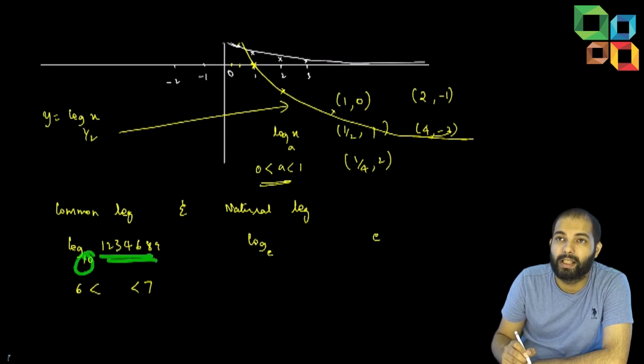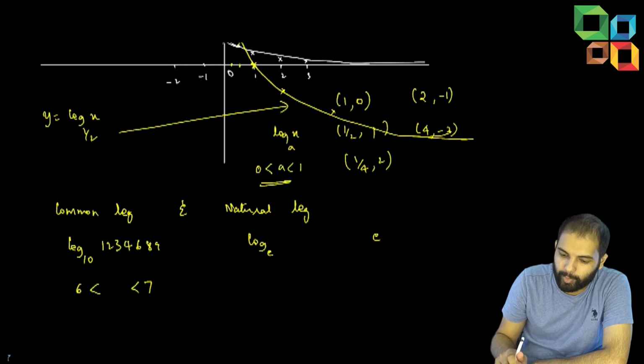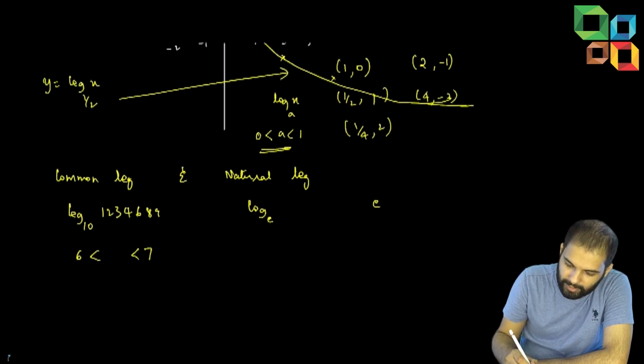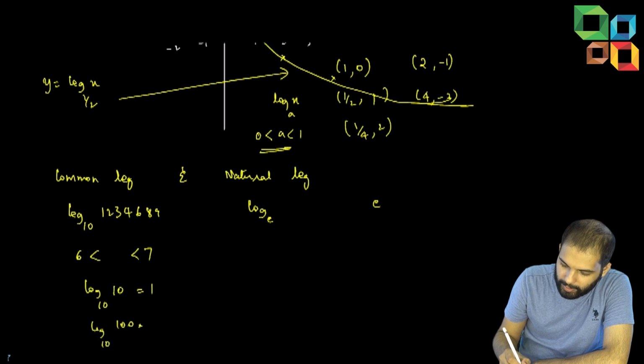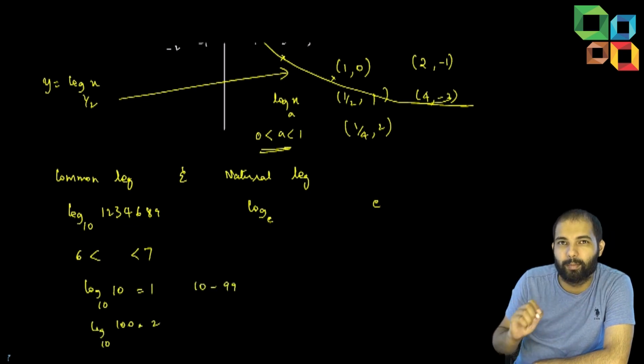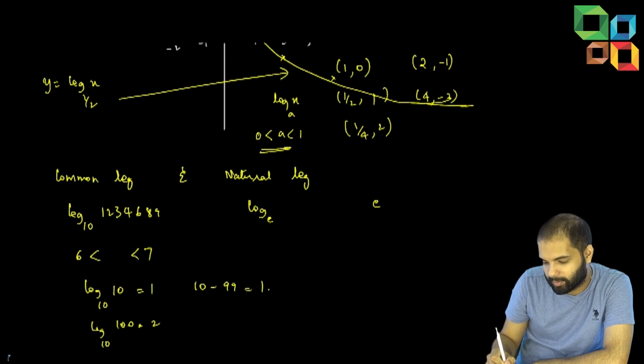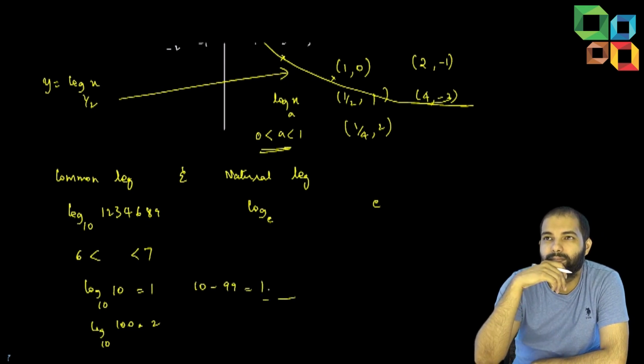We know that log of 10 base 10 is 1 and log of 100 will be 2. So all the 2-digit numbers, from 10 to 99, are going to give me 1 point something. It's very clear.